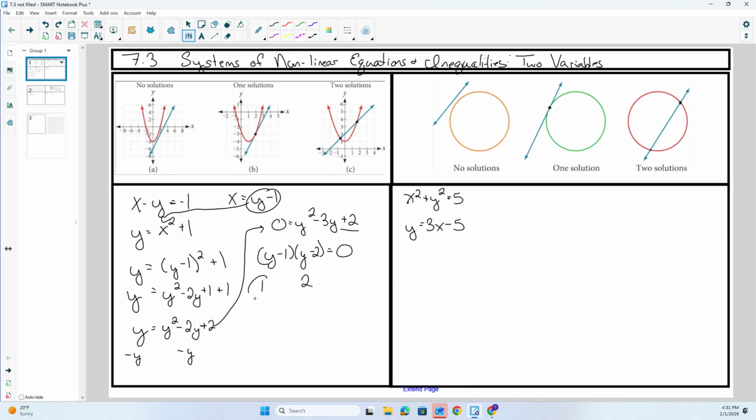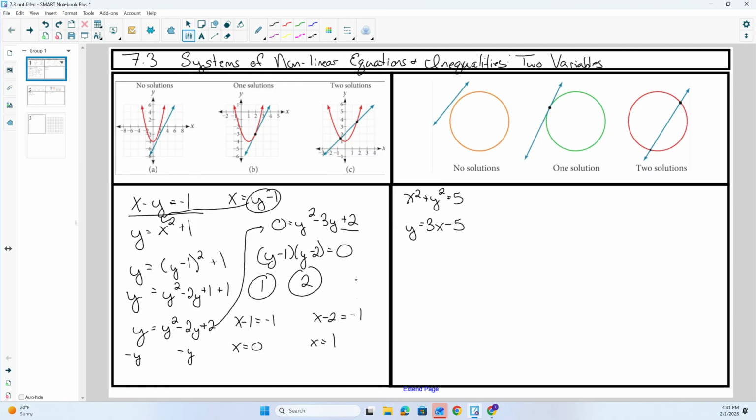But now I need to stick these into an equation. And I don't want to deal with x squared, so we're going to stick them into this equation. We're going to say x minus 1 equals negative 1, and x minus 2 equals negative 1, and solve. So x is equal to 0, and x is equal to 1.